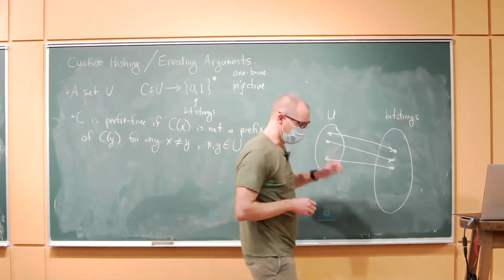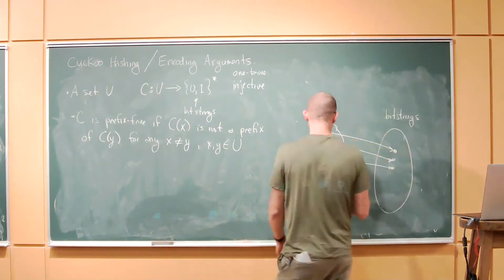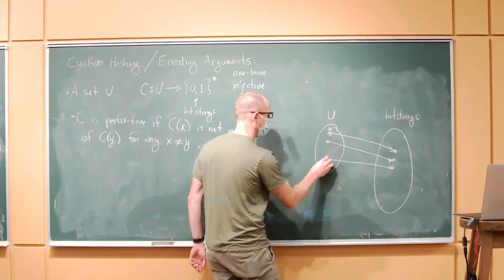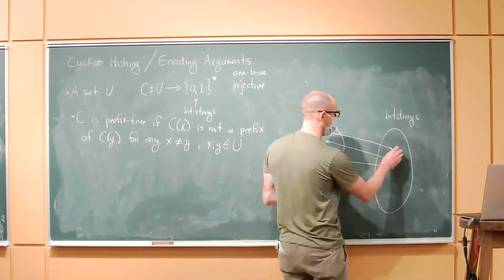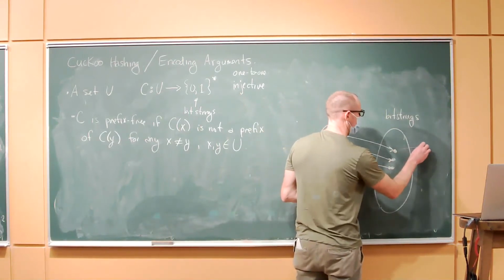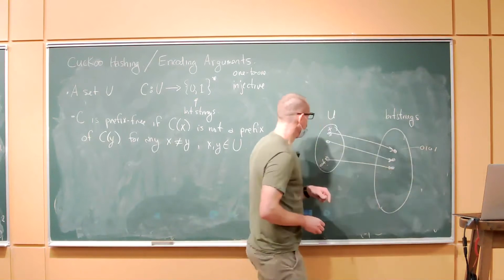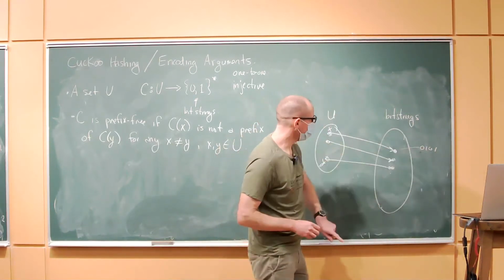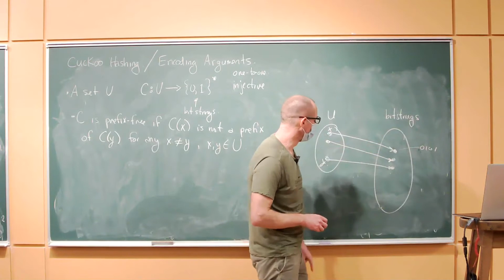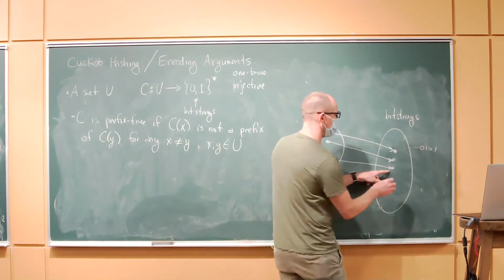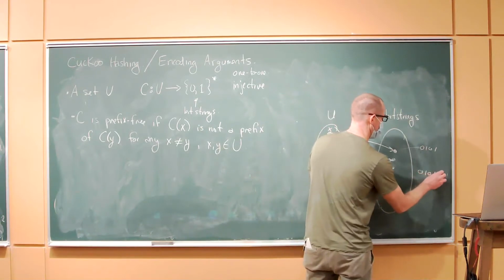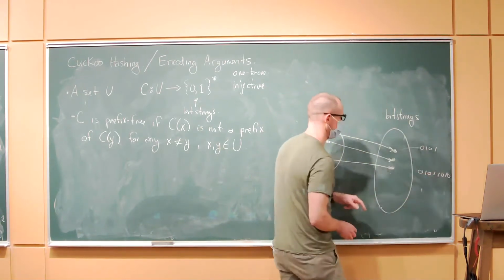So a prefix-free code is when I take any two different elements of U and look at their codes, then it should not be the case that X's code is of some length, let's say 4, shorter than or the same length as Y's, and Y's code starts with X's code.